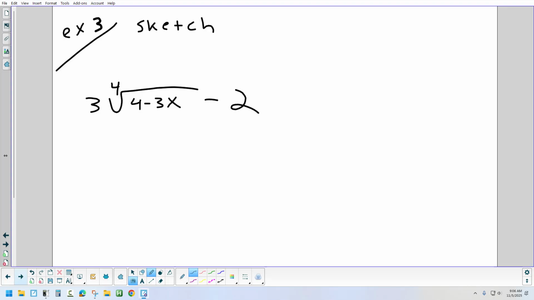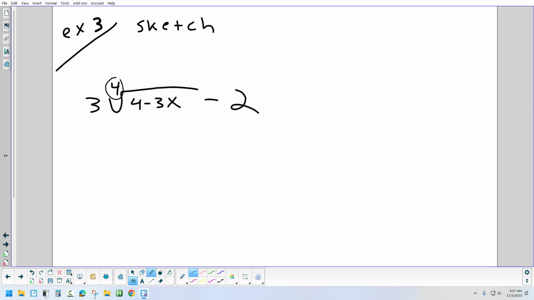All right, so we've got 3 times the 4th root. It doesn't really matter what this index is, if it's a 2, 4, 6, 8. That's just going to change a little bit of how the graph looks, but it's still going to be an even root. It's still going to have a start point, and it's still going to go in one direction.